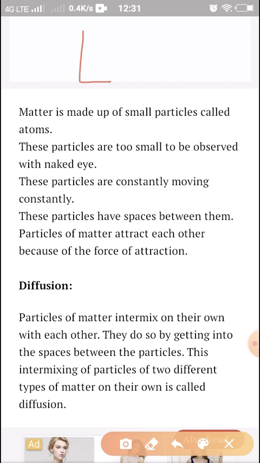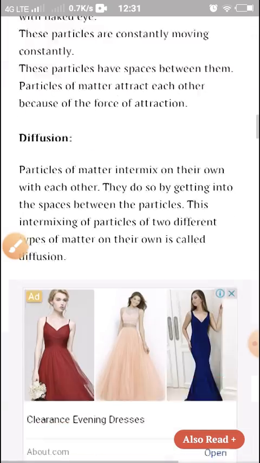When we had a beaker and mixed sugar cubes into it, they intermixed because of diffusion of liquid and solid. So diffusion is basically the intermixing of different types of matter, right? Let's get on to the next one.